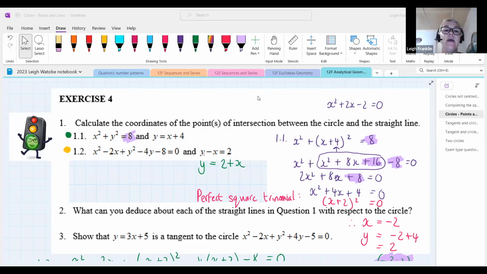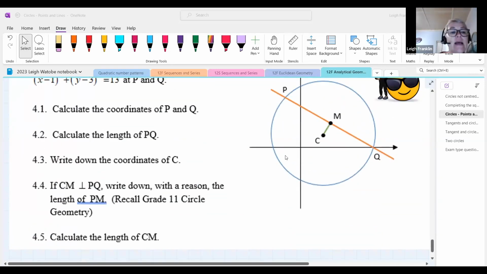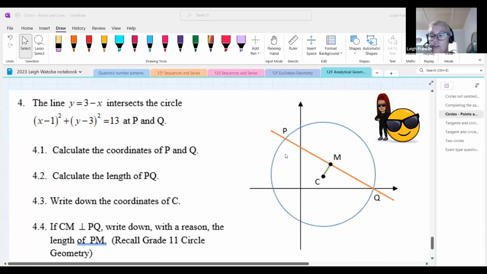Okay, so are you saying you can't substitute x squared plus y squared equals 8 into the other equation. You can sub a linear equation into a quadratic, but you can't sub a quadratic into a linear, because it's possible to take a linear equation and make it quadratic by squaring it. So it would have to be the linear into the quadratic every single time. Always linear into quadratic, not the other way.